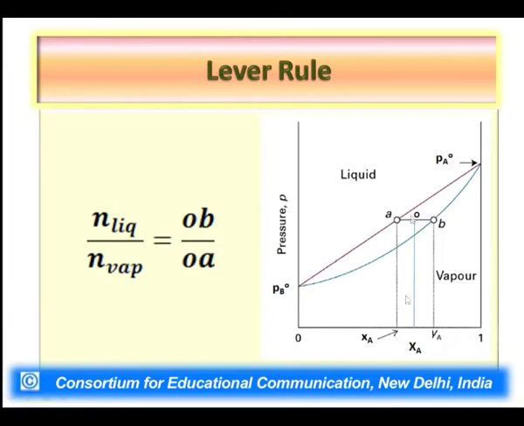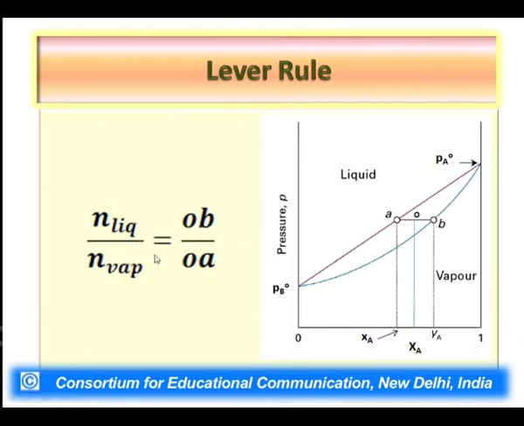Since point A is represented by small xa, the length of line segment OA is the coordinate of point O minus the coordinate of point A, that is capital XA minus small xa.